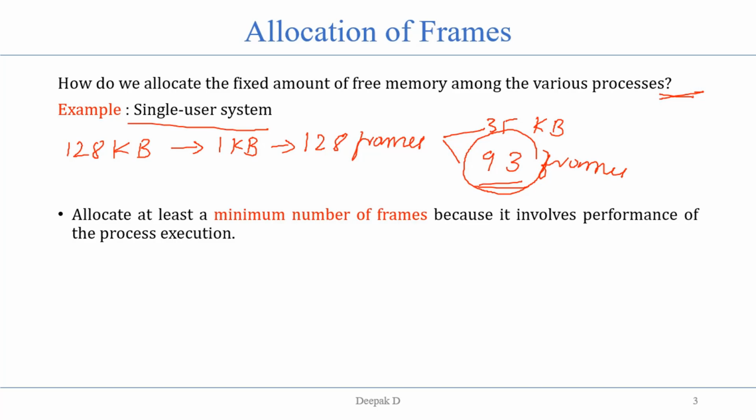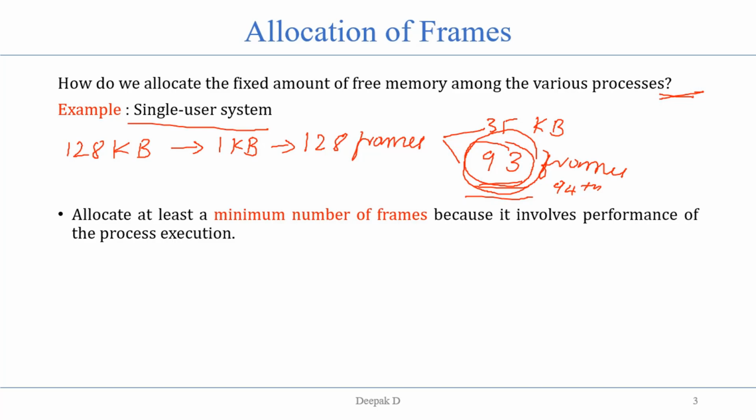That is, assume that we need to replace with the 94th or 95th page, and so on. The concept is very simple. The 93 pages are utilized by the process. Whenever I want to take the 94th page for execution, it has to replace one of these frames. So this is the basic concept.